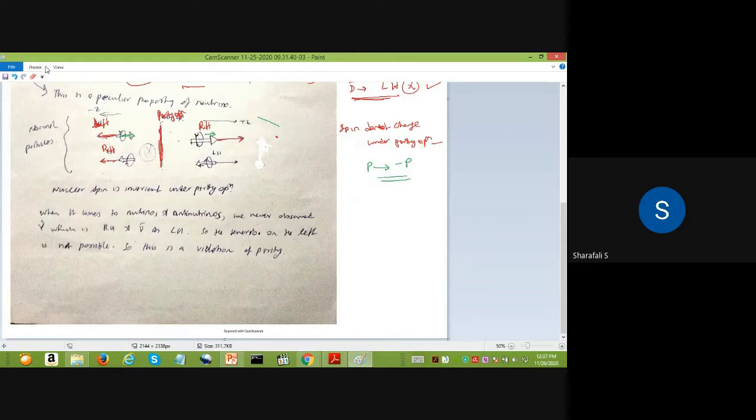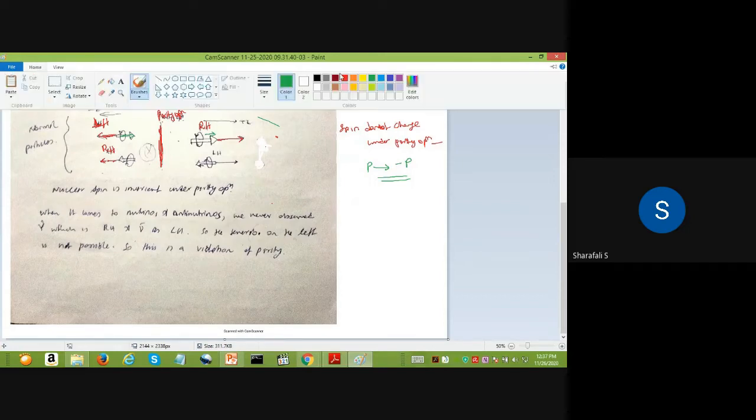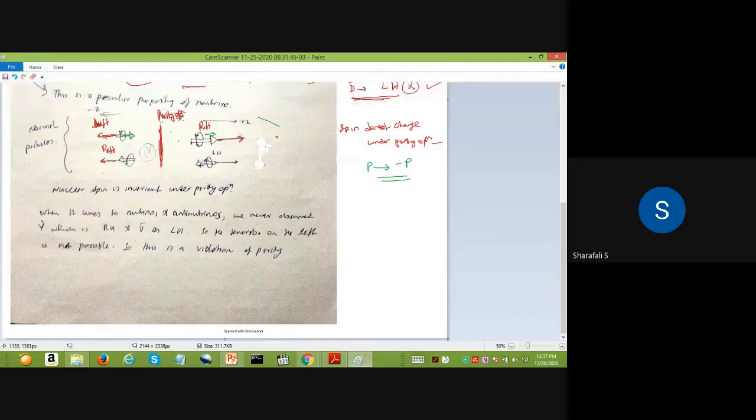That is what we can see in this case. We have a momentum which is in the opposite direction as compared to this case. So this left-handed particle is converted into a right-handed particle under parity operation. Similarly, if you consider the second case, a right-handed particle is converted into a left-handed particle.